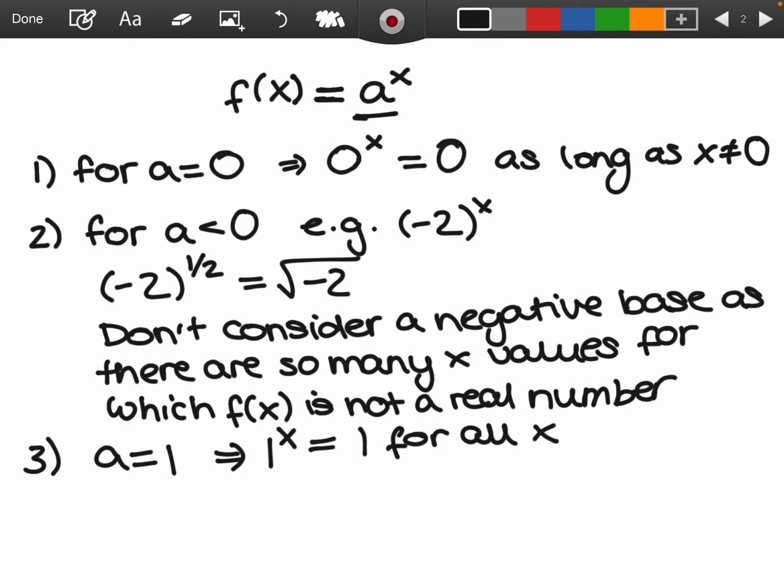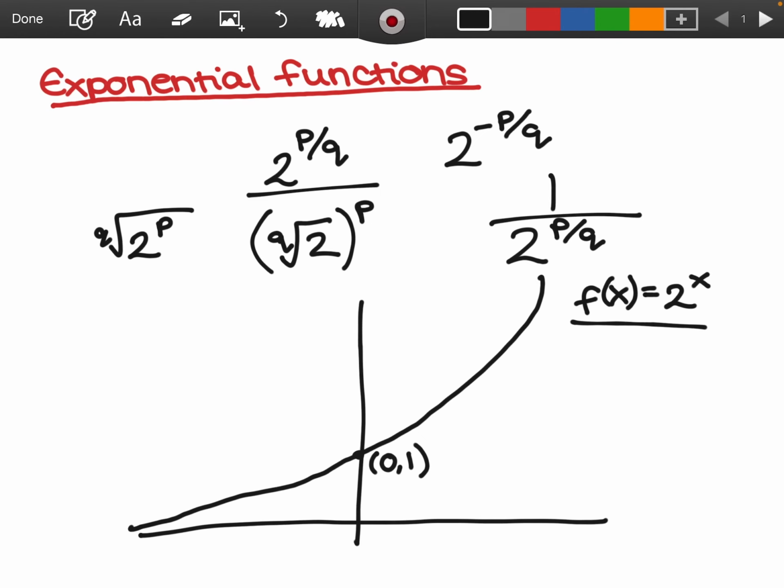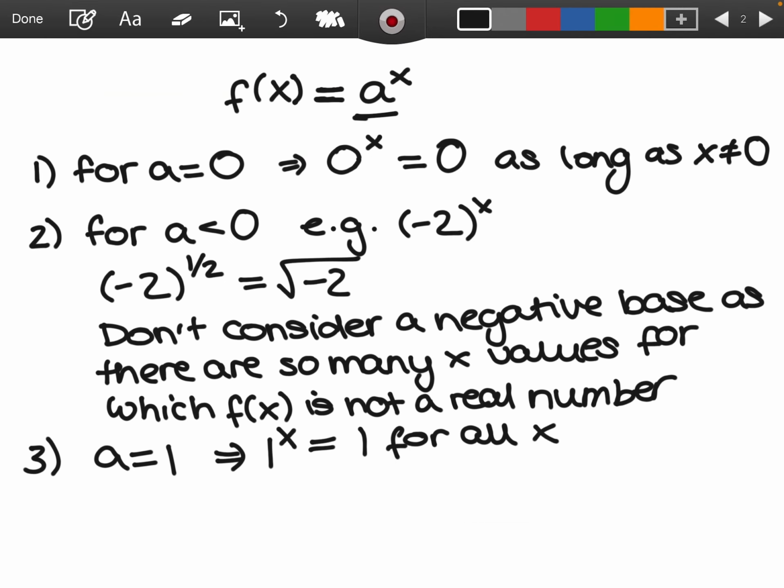So again, I end up with a similar situation to my first case when a was 0, where I just end up with this straight line that looks nothing like any other exponential function when I've taken a to be a different number. So I'm not even going to consider a being 1 either, because it's not ever going to look like the rest of our exponential functions.